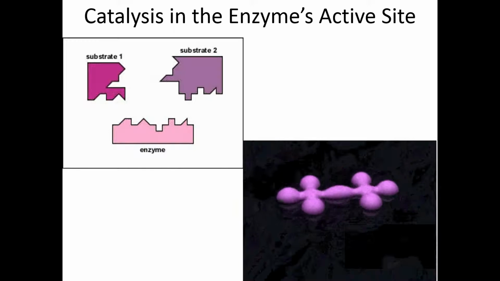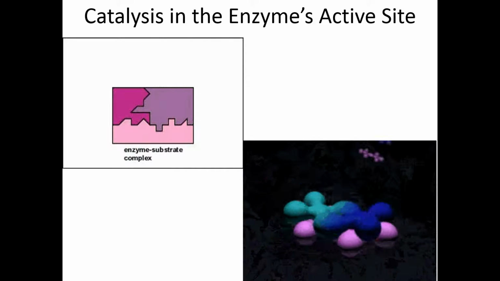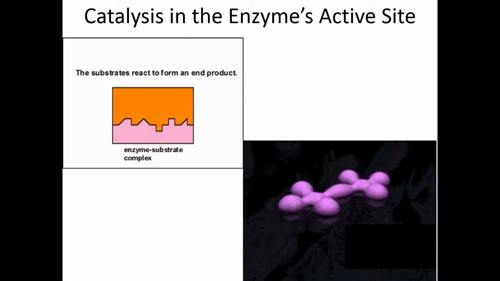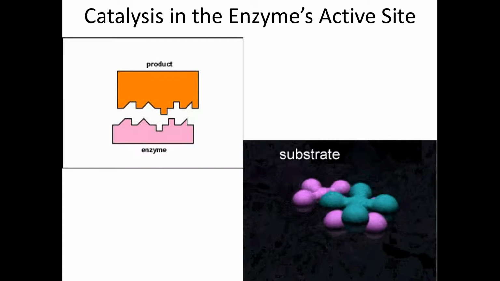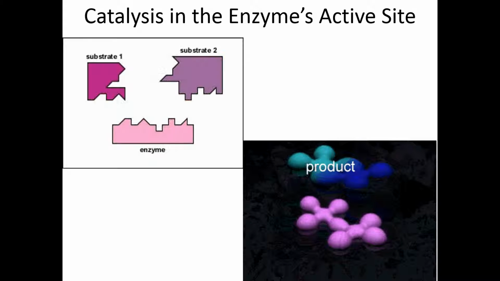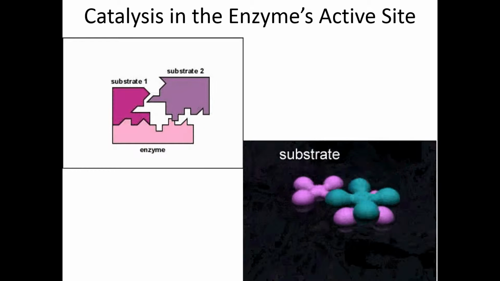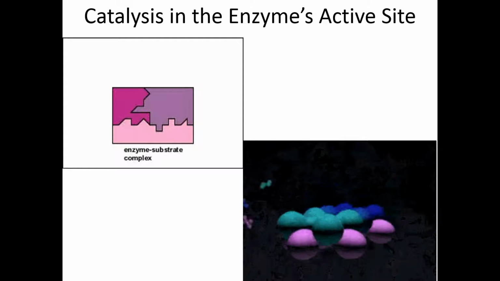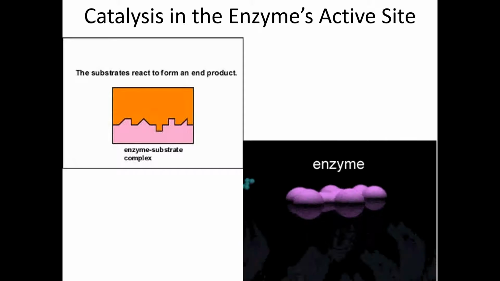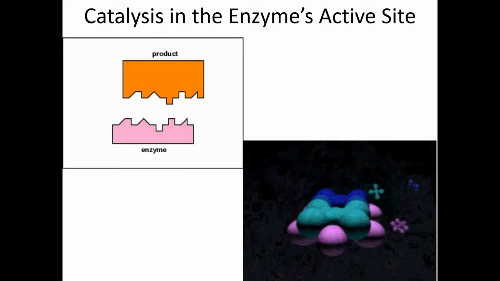Here you're being shown an animation of an enzymatic process taking place. In the animation you have substrate 1, substrate 2. They bind to their active site on the enzyme. You have an enzyme substrate complex, you have the reaction, you have the covalent bond that forms between your reactants to form your product, and your product is released.